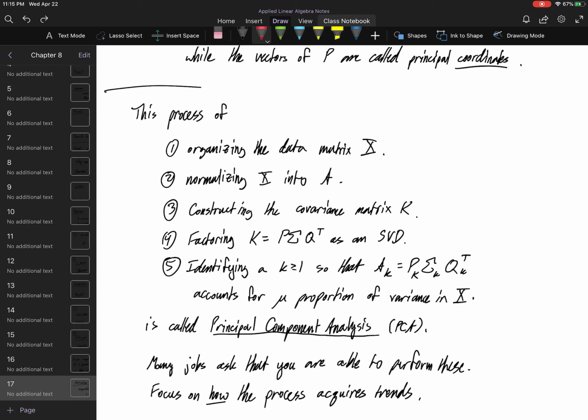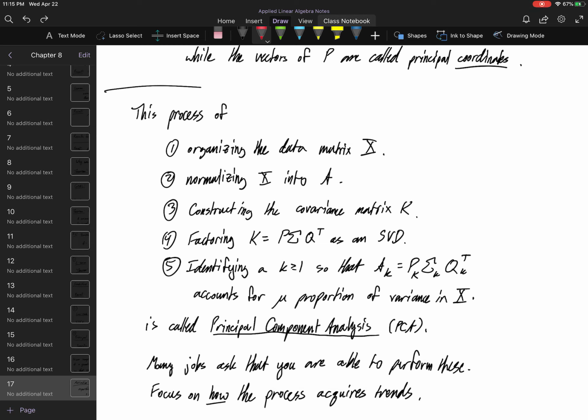And that to me is absolutely remarkable, that you can take this data set of millions upon millions or billions of vectors in your data matrix and reduce it down to the point where you get virtually all the information in your set or in your experiments by just using the first 100 or so principal vectors. That is a staggering reduction of information.